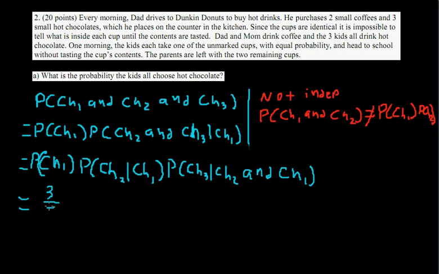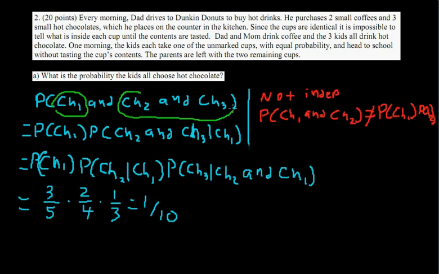This guy is then 2/4, because we have 2 left out of 4. And this guy is going to be 1/3 because we have 1 left out of 3. So that's 1/10. I can do this because I just applied the multiplication rule once to this guy, taking this as the first one and this as the second, and then we just applied it again to this.